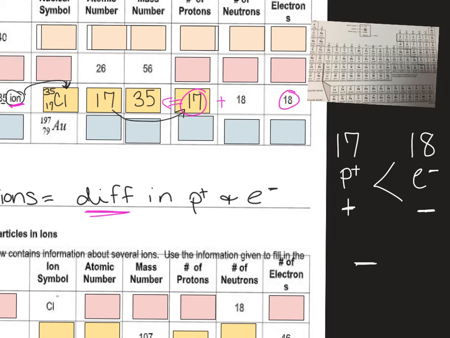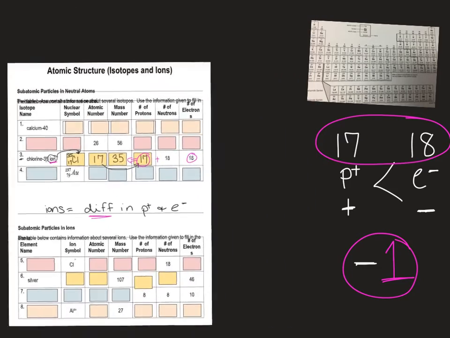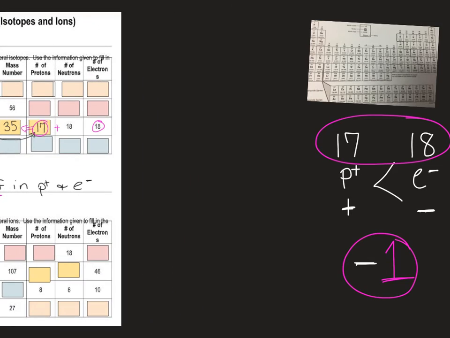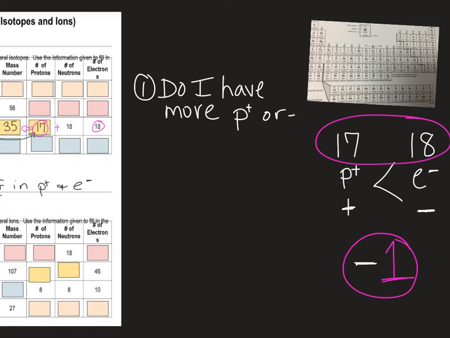Now I would go back and figure out what is the difference between these two numbers. The difference between 17 and 18 is 1. My charge is going to be a negative 1. Okay? So just a quick recap on what I just made you ask yourself: do I have more protons or electrons?